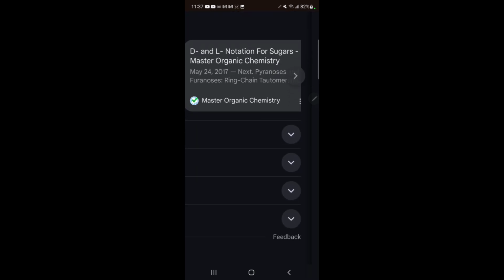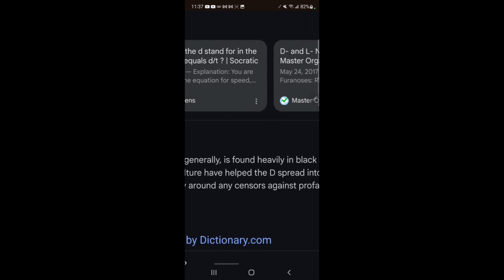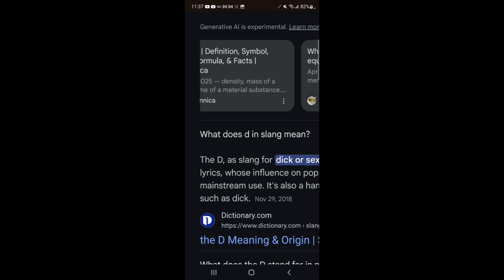Going back to D and L, notations for sugar. Master organic chemistry. I'm speaking in rhymes and riddles here, guys, but what I used to think was wordplay is the same way we realized we grew up once. You know what I mean?